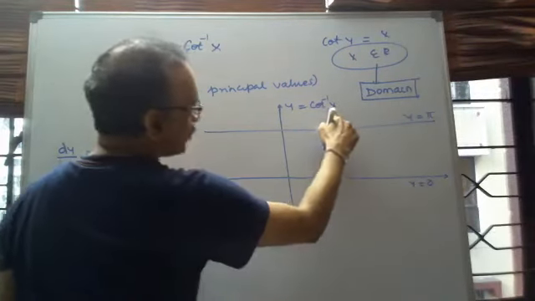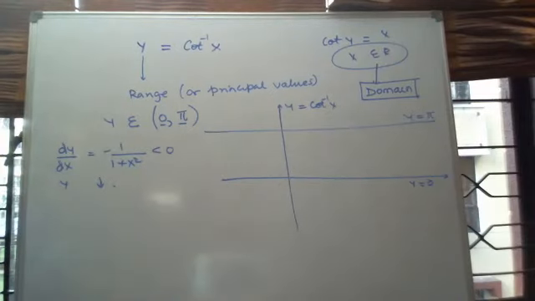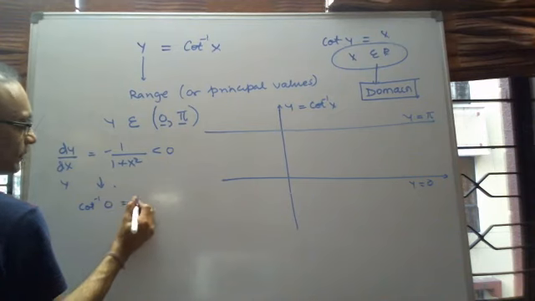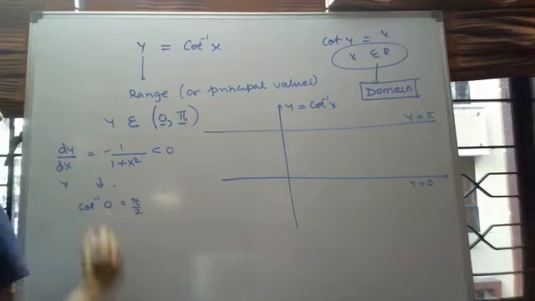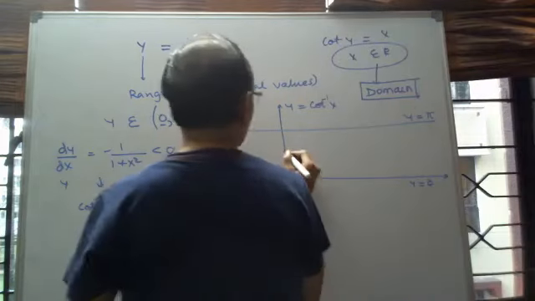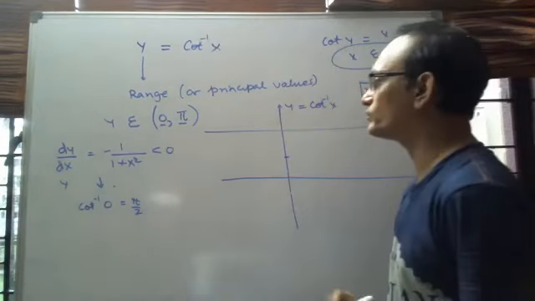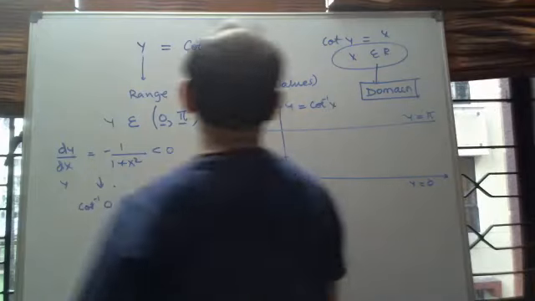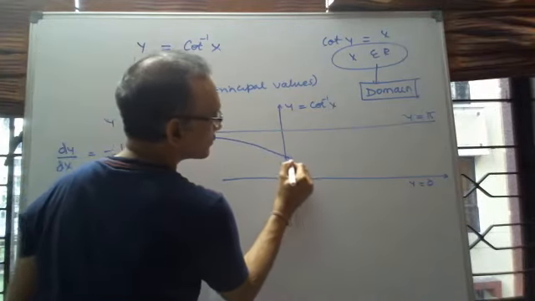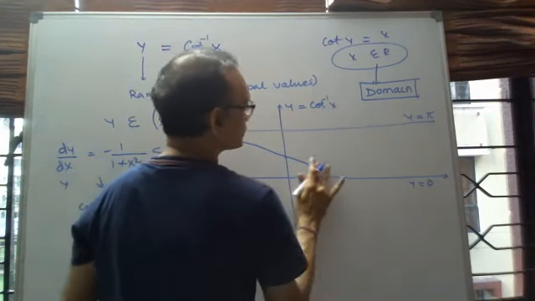What will cot inverse 0 be? It will be pi by 2 because cot 90 is 0. So when x is 0, y will be pi by 2. And then its graph will look like this.